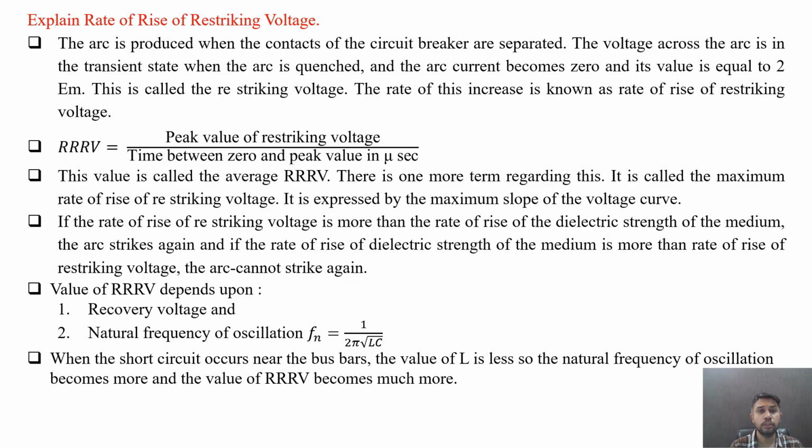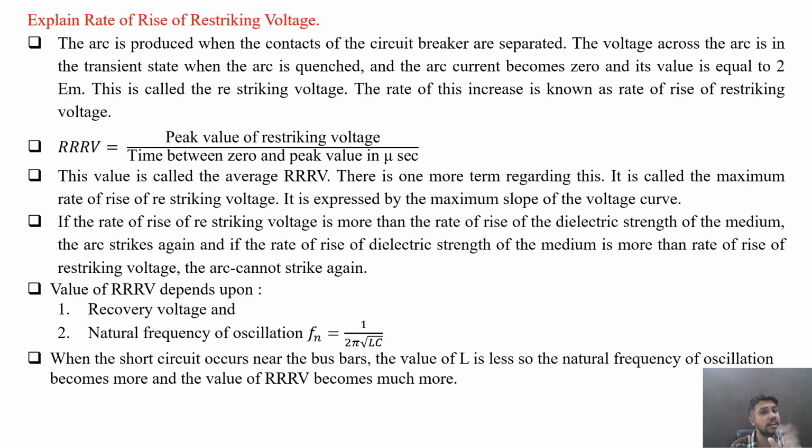The arc is produced when the contacts of the circuit breaker are separated, that is, the moving contacts are separated from the fixed contacts. The voltage across the arc is in the transient state when the arc is quenched and the arc current becomes zero or nearly zero, and its value is equal to twice the maximum value of the voltage.